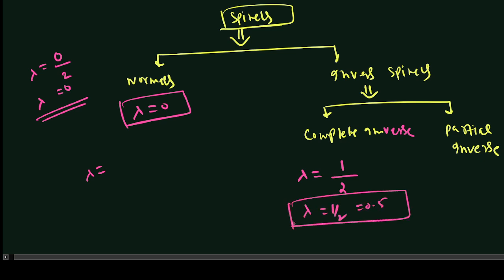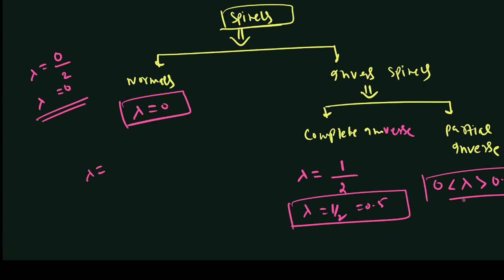Okay, and for partial inverse spinels, lambda is greater than 0 and less than 0.5. So if the spinel parameter is in between these, then that is going to be a partial inverse spinel.